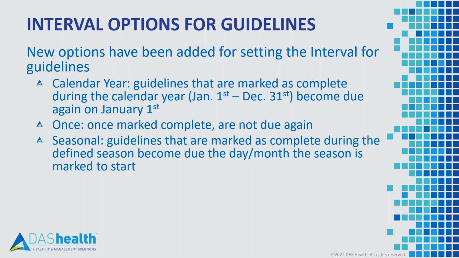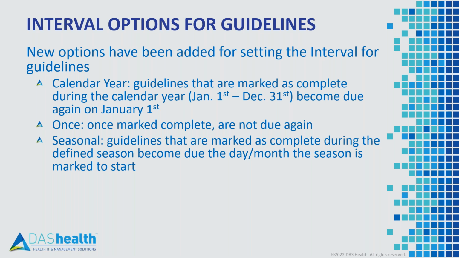So basically, we would set those up based on a certain day of the month that it becomes due, and then we put the end of that time frame. So, for example, the influenza vaccine, maybe you have it set in your system from October to March, just for example. So then it will become due on the first day of that month.